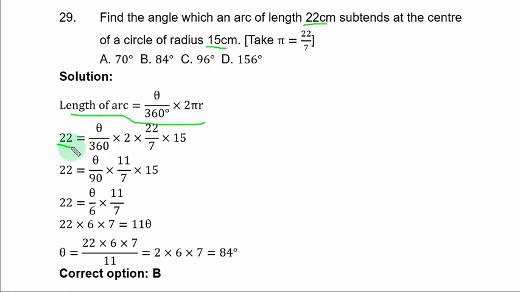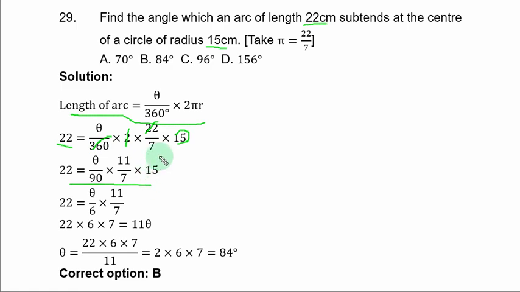You are asked to find the angle while radius is 15. If you reduce 2 with 360, you have 180. If you reduce 22 and 180 with 2, you have 11 over 90. So you have this expression.